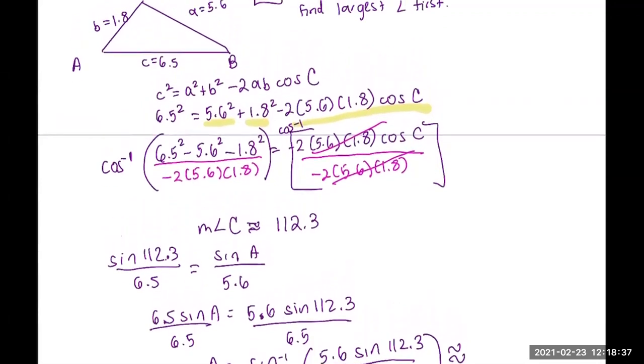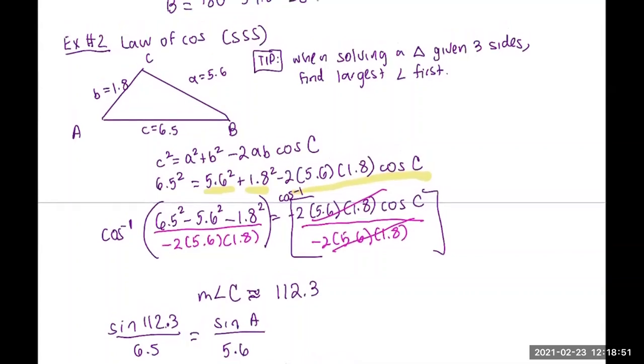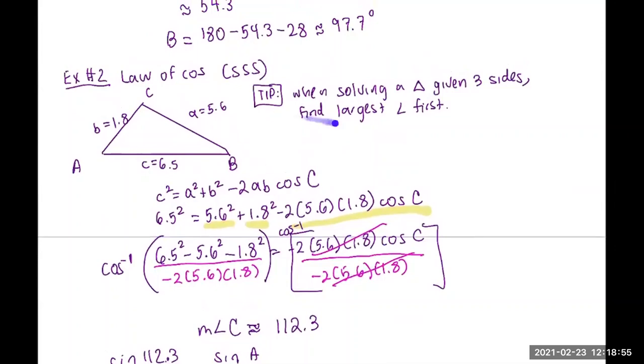I still don't get how you got the square root from minus 5.6 squared, minus 1.8 squared over... Okay, so the recommendation is, when you're given three sides, find the largest angle first. The largest angle is going to be across the biggest side.